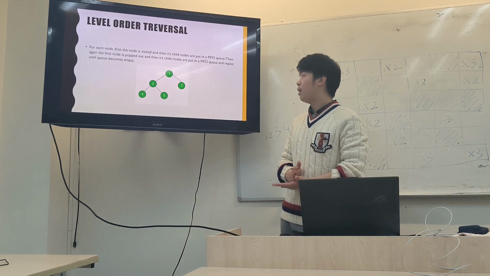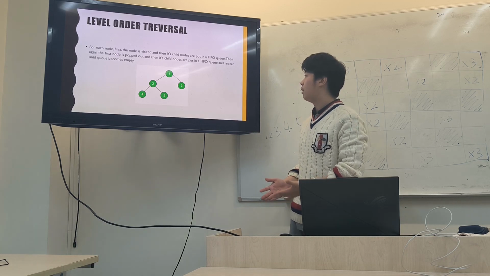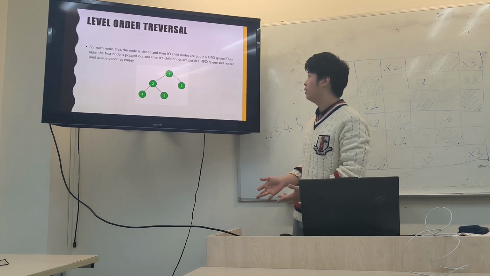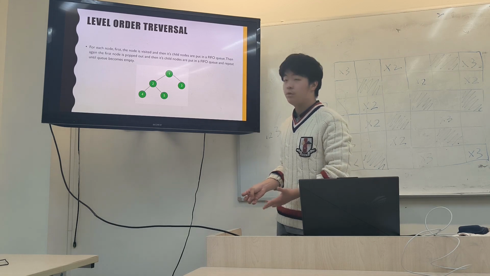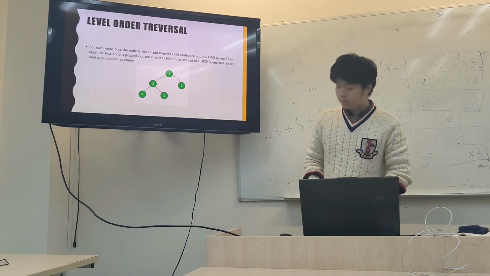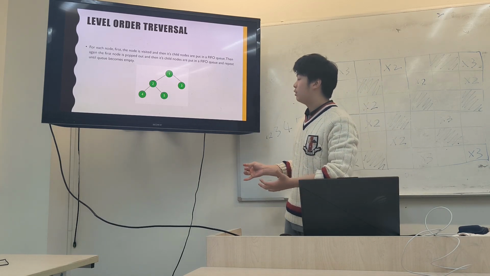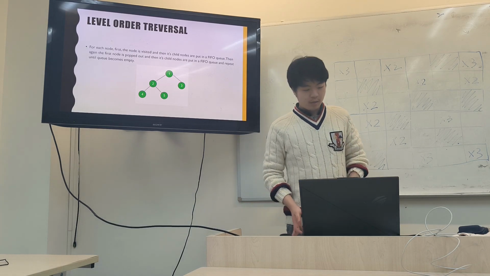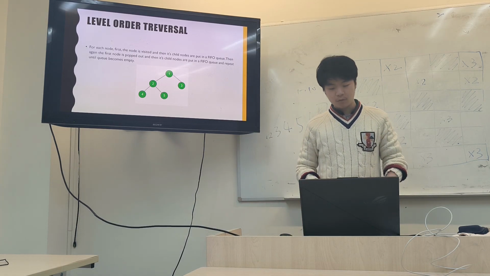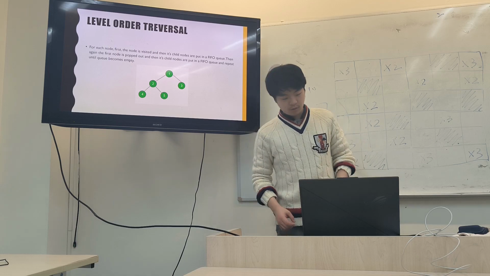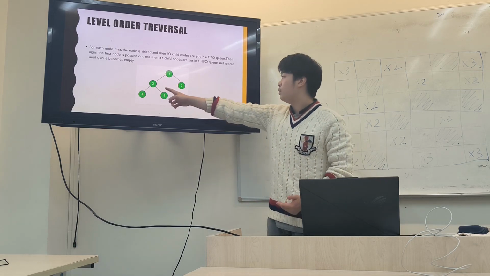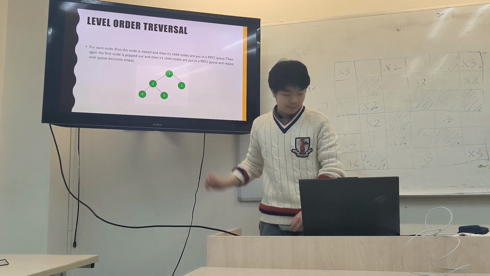The first node is popped out, and then its child nodes are put in the queue, and we repeat until the queue becomes empty. You can use this algorithm to get a level order traversal of those trees. So you'll get 1, and then 2, 3, and then 4, 5.